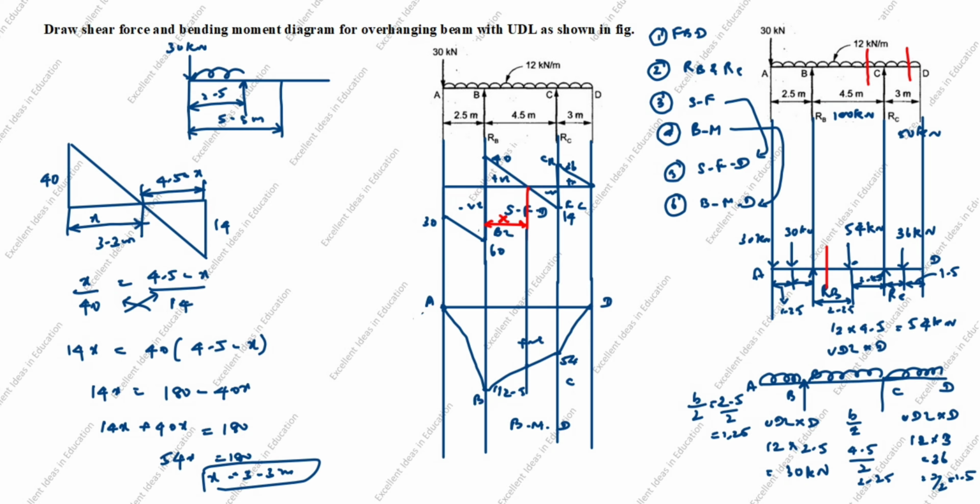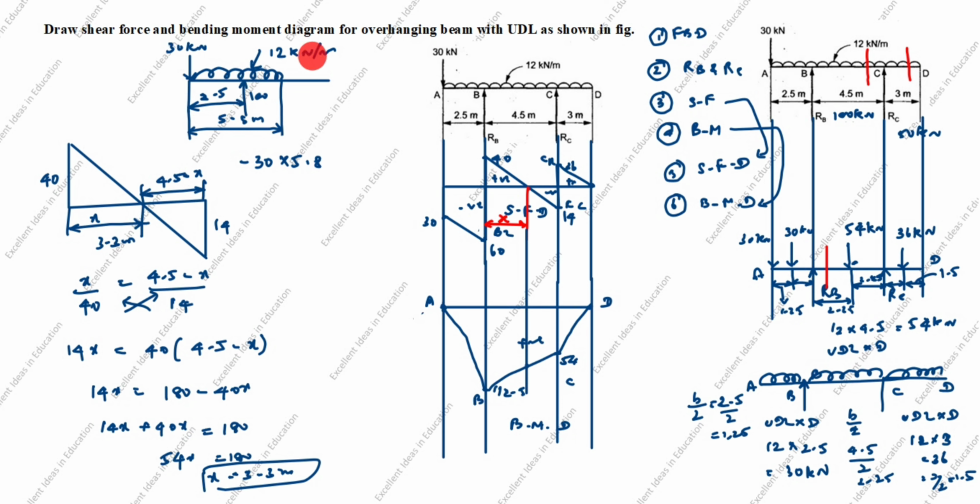Here is UDL load. UDL is 12 kilonewton per meter. From here to here we will calculate. This is left side. Minus 30 into 5.8. Next you see this force. Force acts upwards, from here to here, this side.